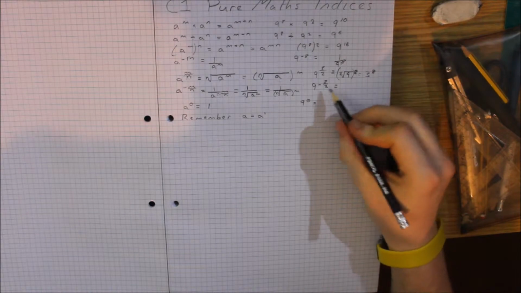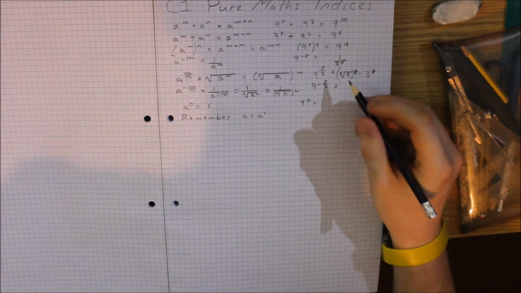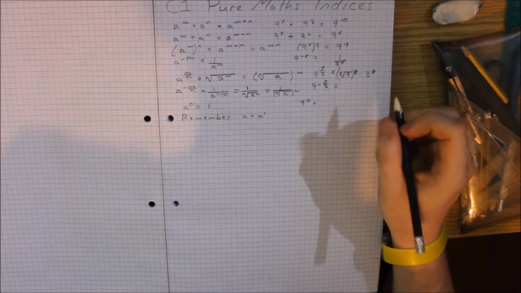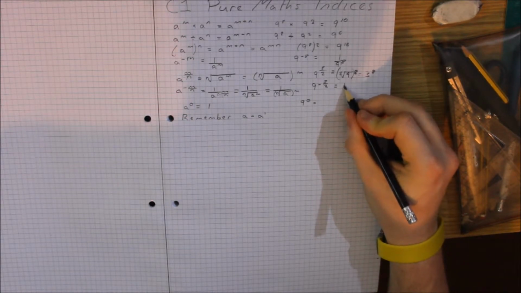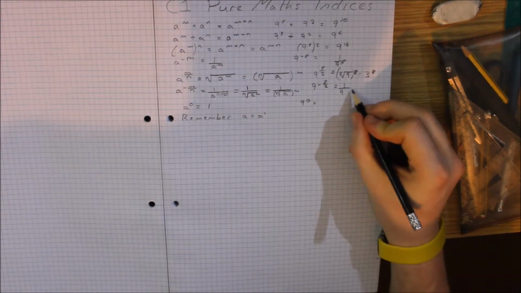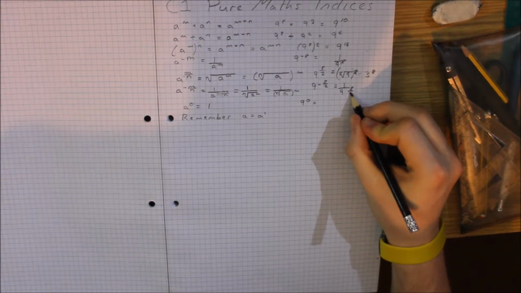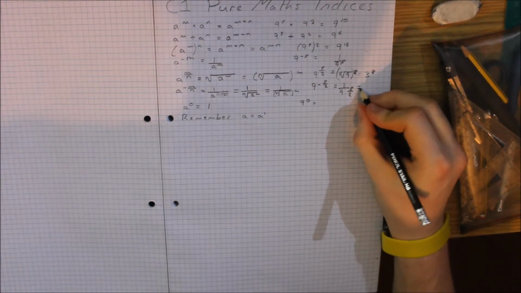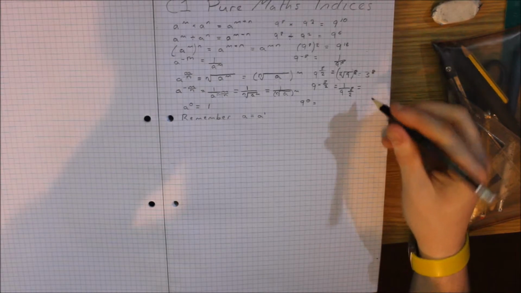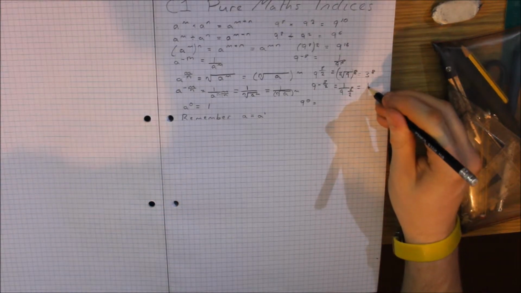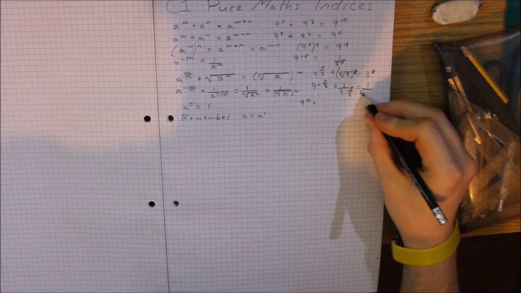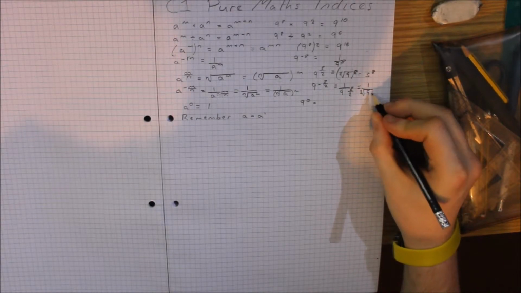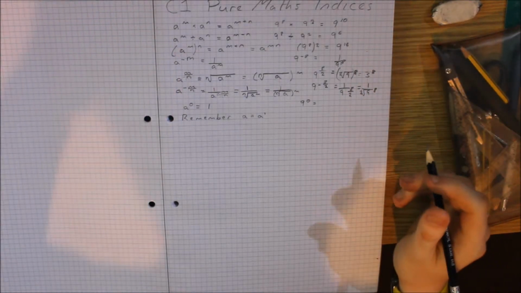On our example here, we've got 9 to the power of minus 8 over 2, which we can rewrite as 1 over 9 to the power of 8 over 2, and then this can be rewritten again as 1 over the square root of 9 to the power of 8.